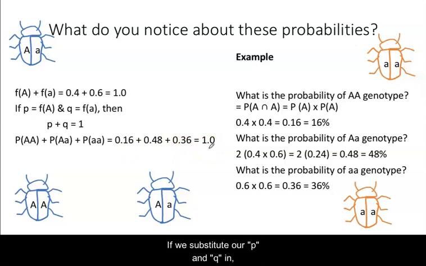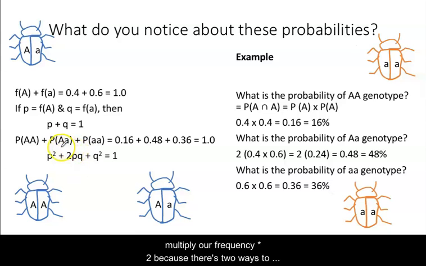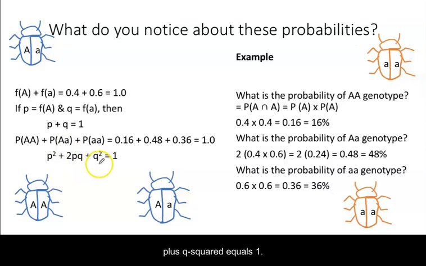If we substitute our P and our Q in, we can see that P squared, which is this value here, plus 2PQ, remember we had to multiply our frequency times 2 because there's 2 ways to get the heterozygote, plus Q squared equals 1.